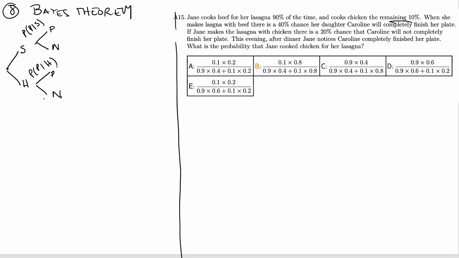This is the natural sequence. This is the probability of being sick. It's what we call the prior. It's what happens first, right? And you can even complete the rest of the tree. This is the probability of negative given S, and this is the probability of negative given H.